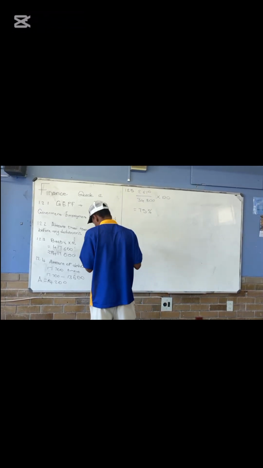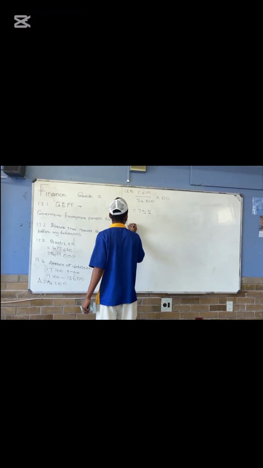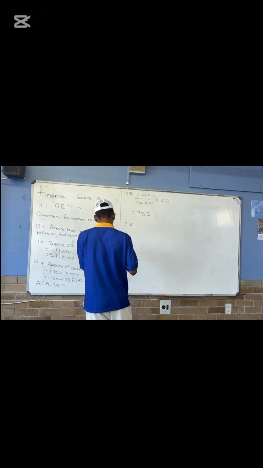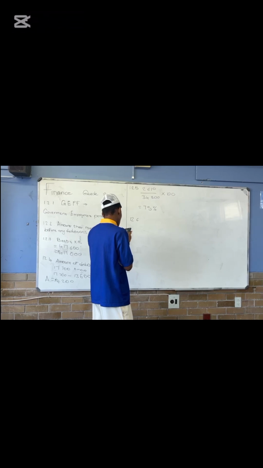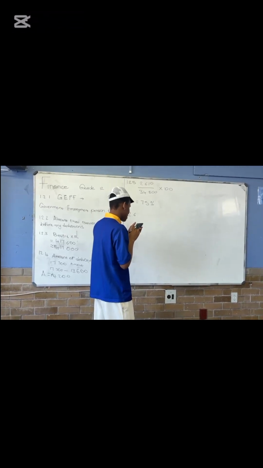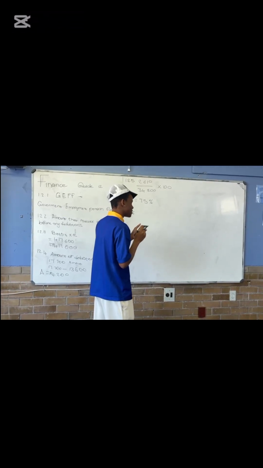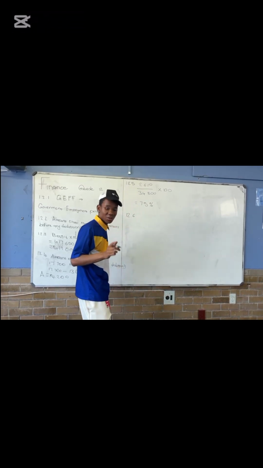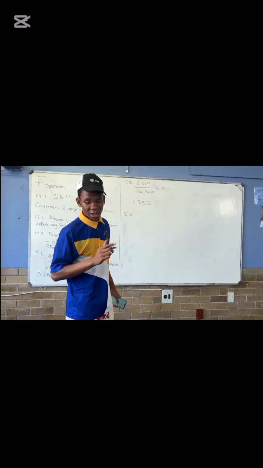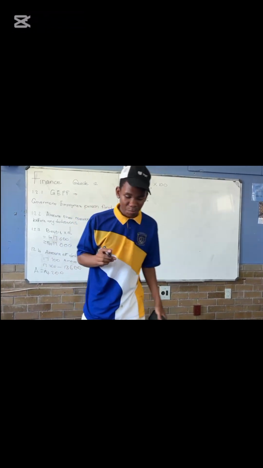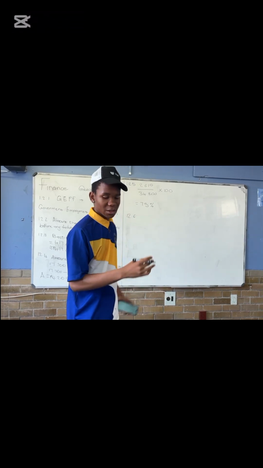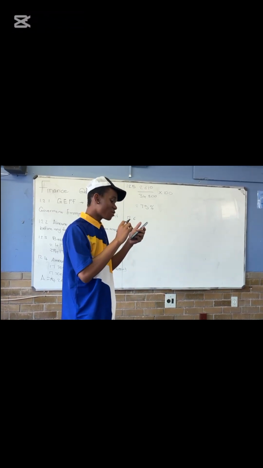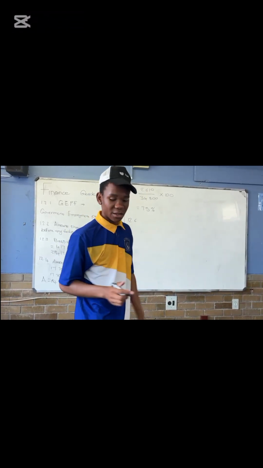Then we move to 1.2.6, which talks about writing down housing allowance as a ratio in its simplest form of net salary. Very important, just to know how to do ratios. So you take the housing allowance over the amount of net salary.